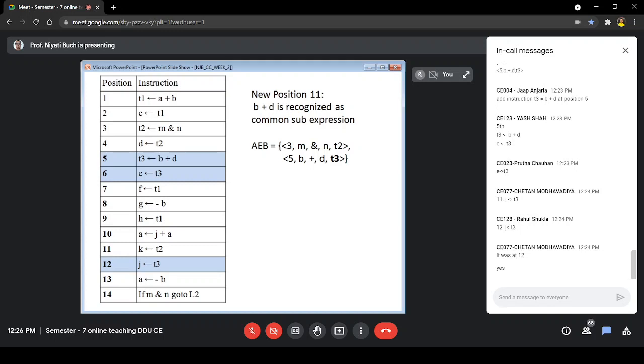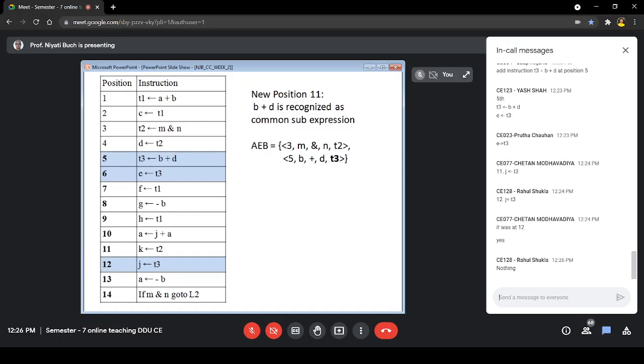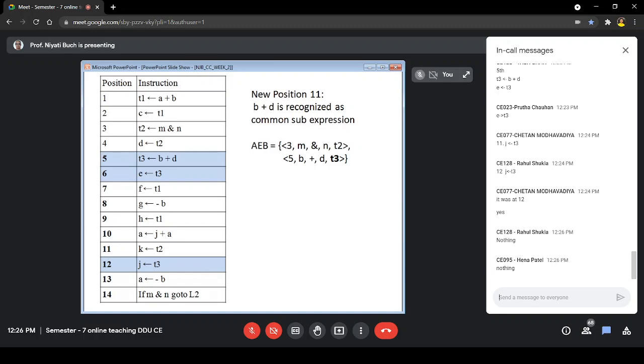Now let us discuss position number 13. What do we do at position number 13? Do I need to do anything? Nothing. Why nothing?